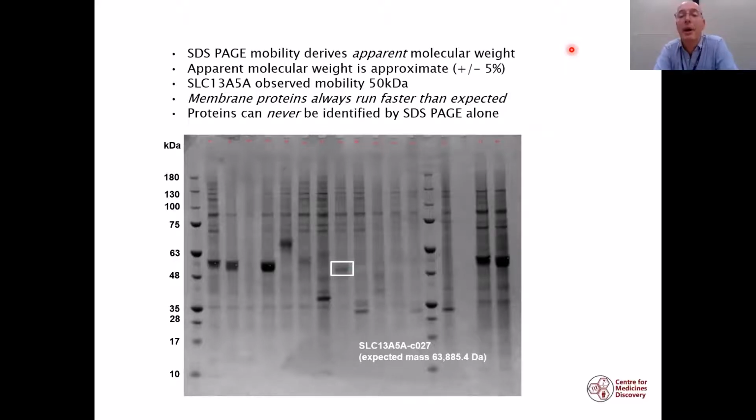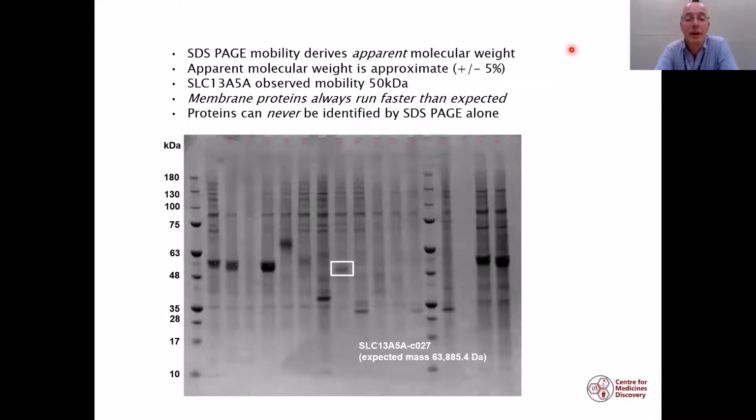You measure the apparent molecular weight, which is based on its gel mobility, which is not necessarily perfectly matched to its mass. So the apparent molecular weight is approximate from a gel. It's typically plus or minus 5%.